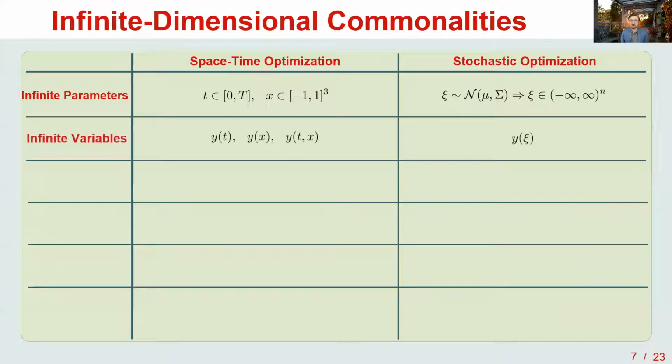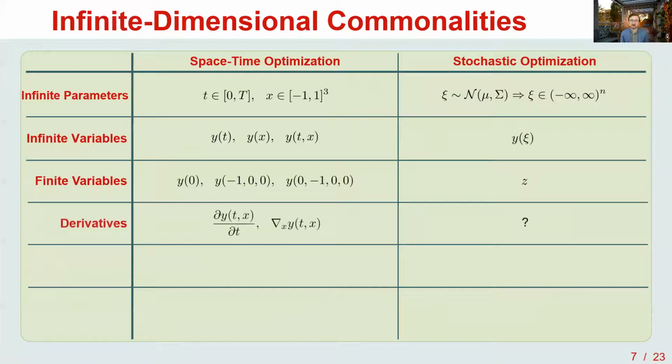Then infinite variables, which are functions of those infinite parameters. They could have finite variables, such as an infinite variable defined at a particular point, or perhaps design or first stage variables. They can have derivatives that operate on the infinite variables. They could involve what are called measures, which could be, for example, integrals, or expectations or risk measures.